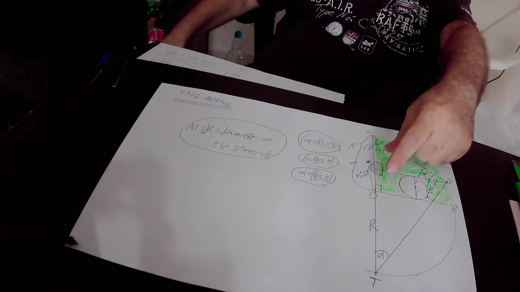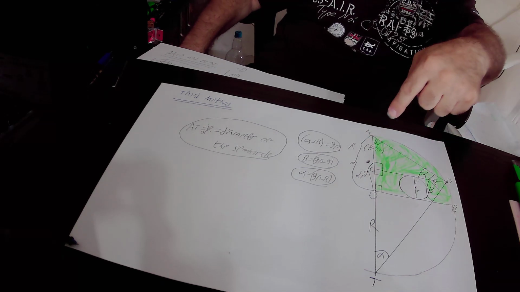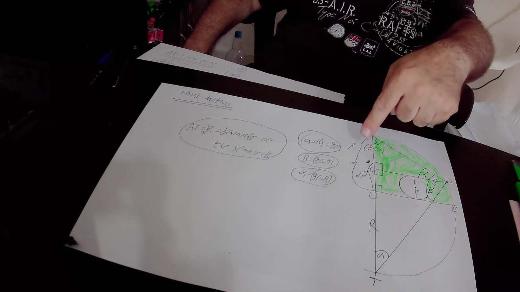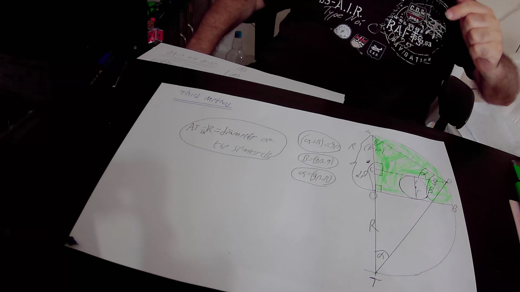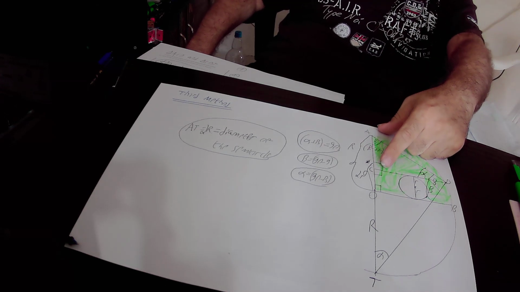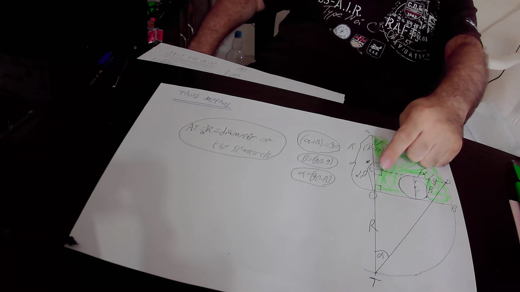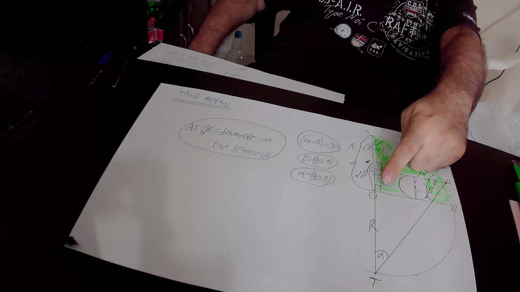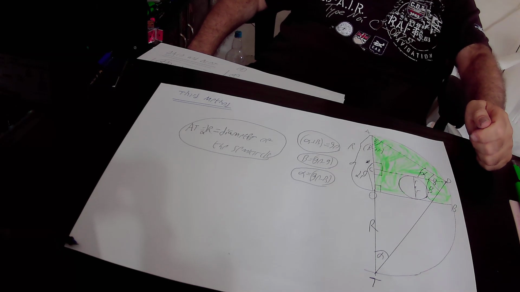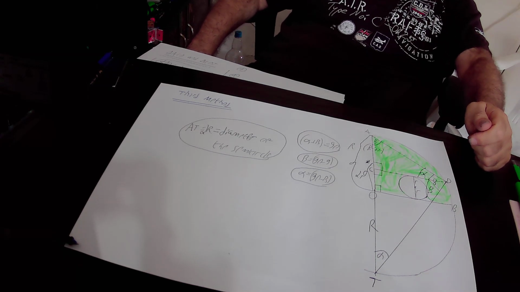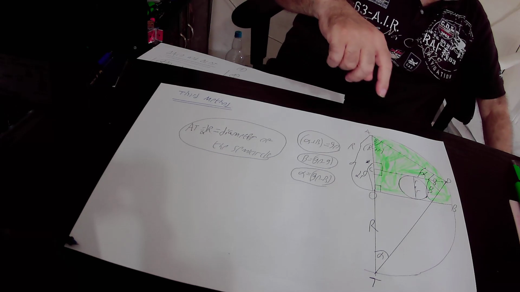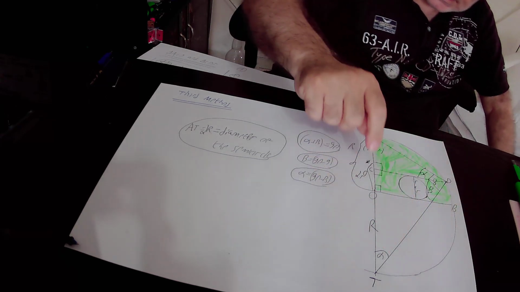We have already found out that CO equals 2R, AO equals capital R, the radius of the quarter circle, and AC equals capital R minus 2R. This angle equals 90 degrees, and this angle also equals 90 degrees, according to what we have already found out. Then we completed the quarter circle to a semicircle.